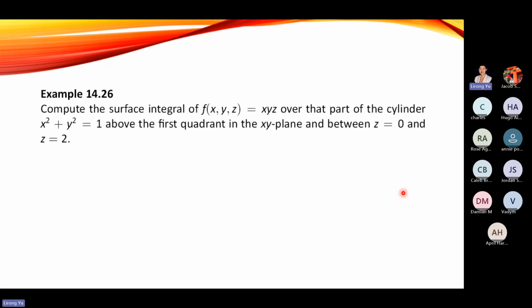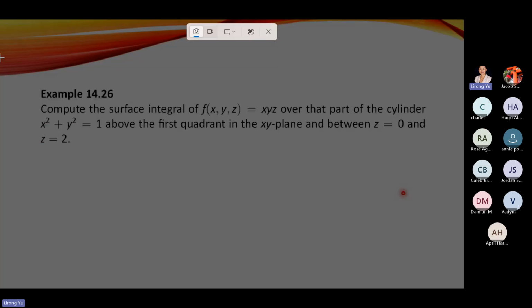So as we look at the problem, we have a cylinder. The title says surface integral, so we're integrating a function along the surface. Then the number one thing we have to do is derive or write down the parametric equation of the surface.